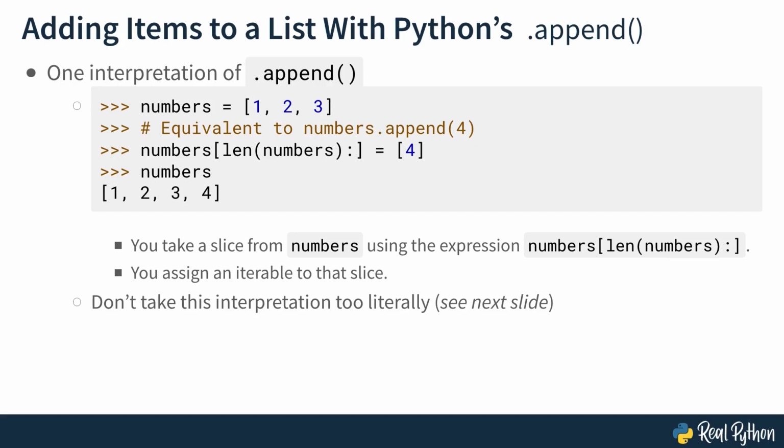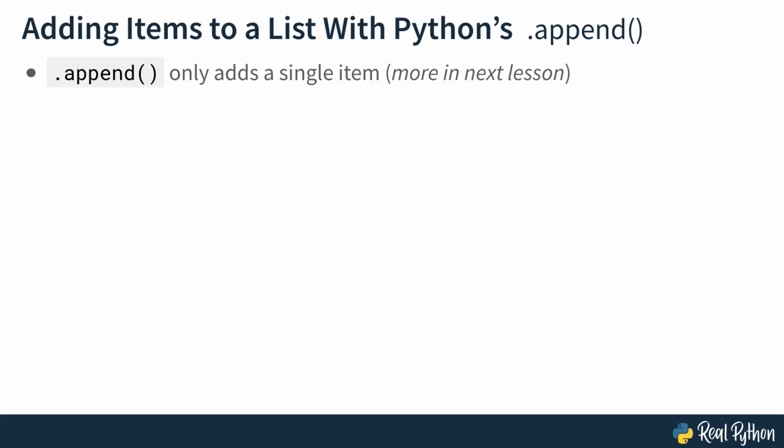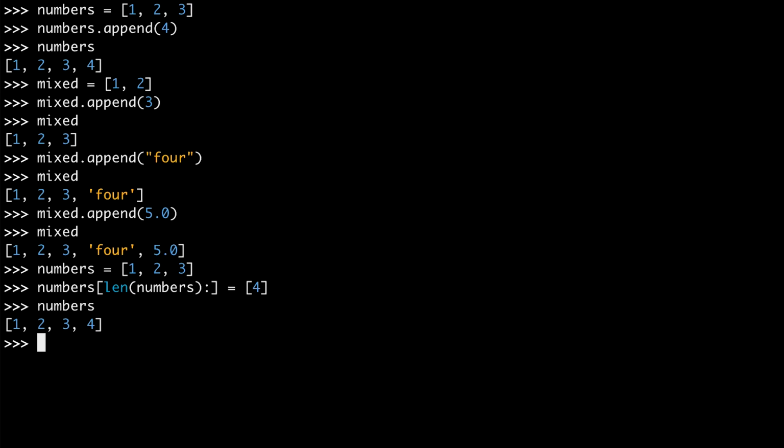However, you shouldn't take this interpretation too literally, because append only adds a single item to the end of a list. But using this slice operation will lead to different type of results. So again, I'm going to take a slice from positions 3 to the end and set that slice equal to a longer iterable.